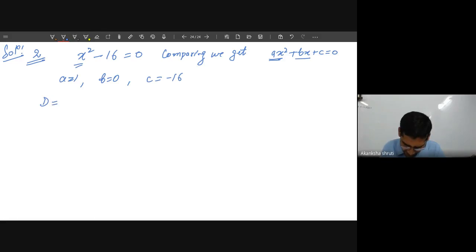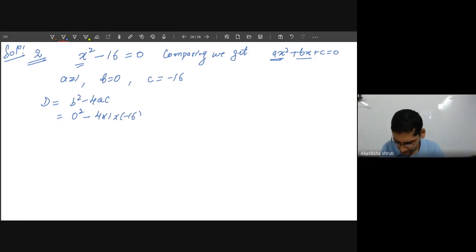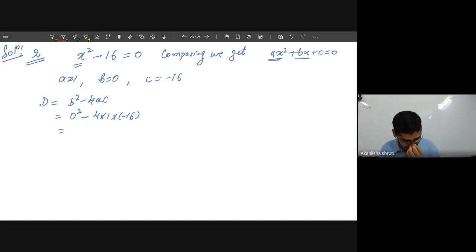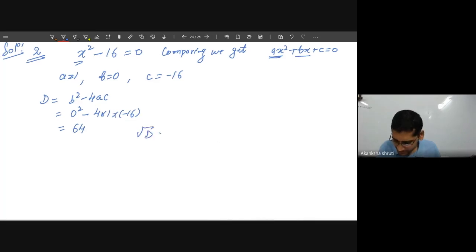Now calculate d. b square minus 4ac. Student, put it. 0 square minus, that is the formula, 4, a is 1 and c is also negative, minus 16. Student, observe it. What is this? 4 into 16. It is 64, but positive. Now here we are getting d as an even square.